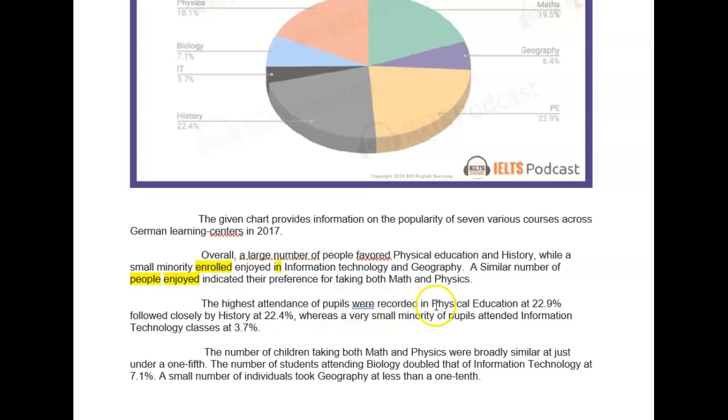So PE and history, this is all fine. Start with this. Were indicated. So get into a nice passive verb here. Were chosen by students as their most popular. So we're going to have a superlative here. Most popular subject.